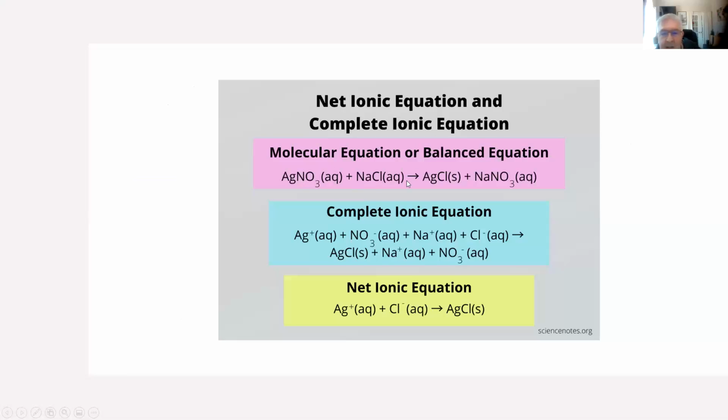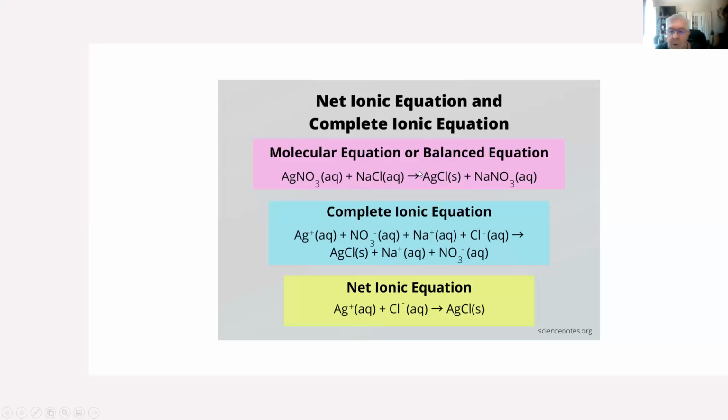This is the reaction that you have. Since you have a solid here, or a gas, or a weak electrolyte, you can say that there is a net ionic equation. Then first, you balance the equation as I showed you before. In this case, the equation is balanced.